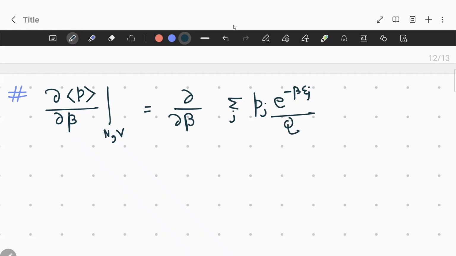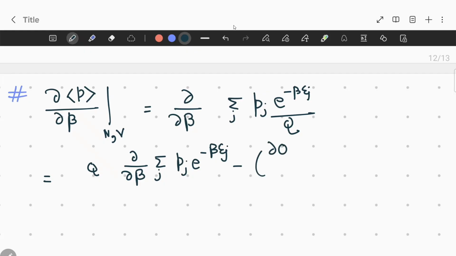Is it okay? Yes. So again, you have to differentiate because Q is a function of N, V and beta. So it will be Q times del beta sum over J Pj. Easy derivation, nothing is there, but you have to be careful, otherwise a sign mistake will be there.